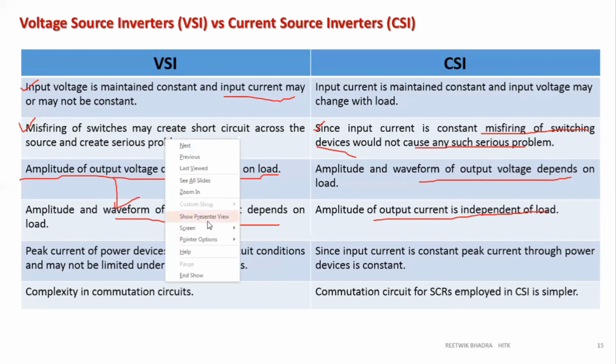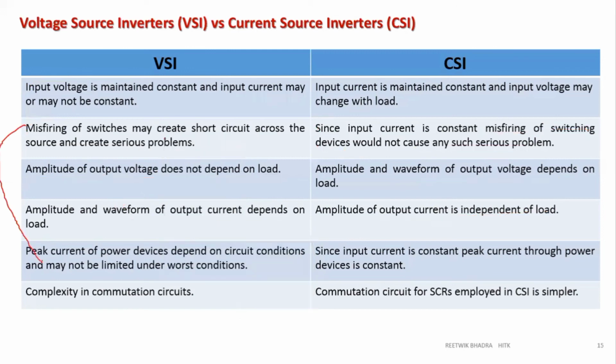And now, another important point that comes from this second point only: if there is a short circuit current, the peak current through the device and the short circuit current would be more. Just now I was giving an example. If I am taking a thyristor of 5 ampere and my short circuit current is 10 ampere, it will damage the device. But over here, since input current is constant, that 5 ampere current will only flow through a thyristor.